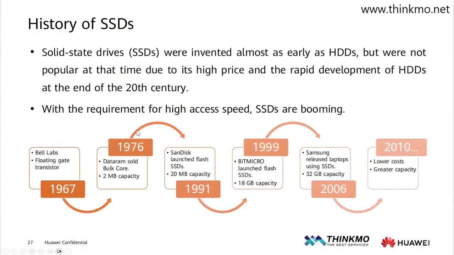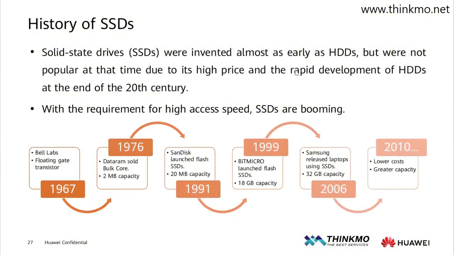Its emergence was actually quite early, just about 10 to 20 years later than mechanical drives. However, there was a small issue: due to the rapid development of mechanical drives, especially towards the end of the 20th century, they were gradually getting smaller and the capacity was gradually increasing.